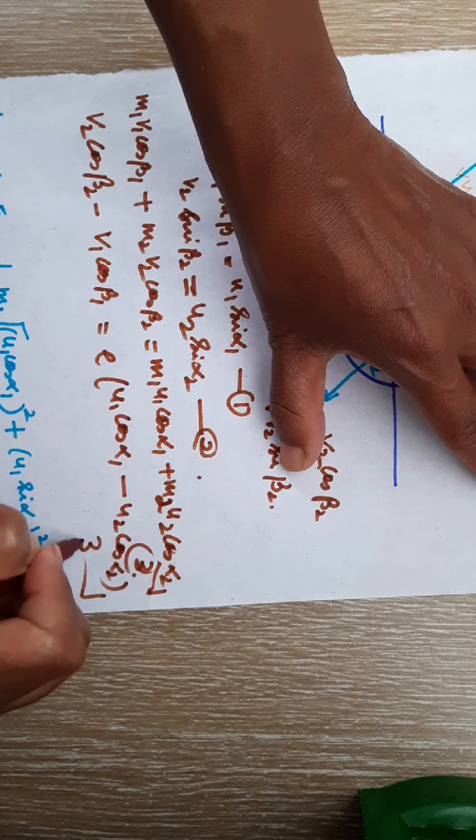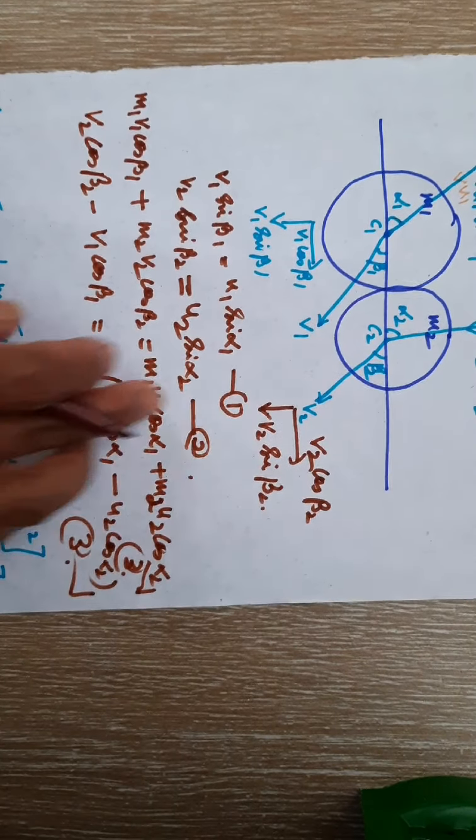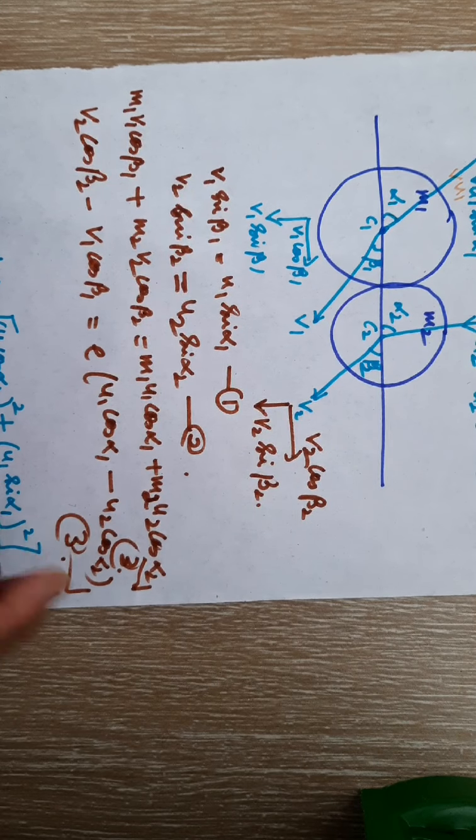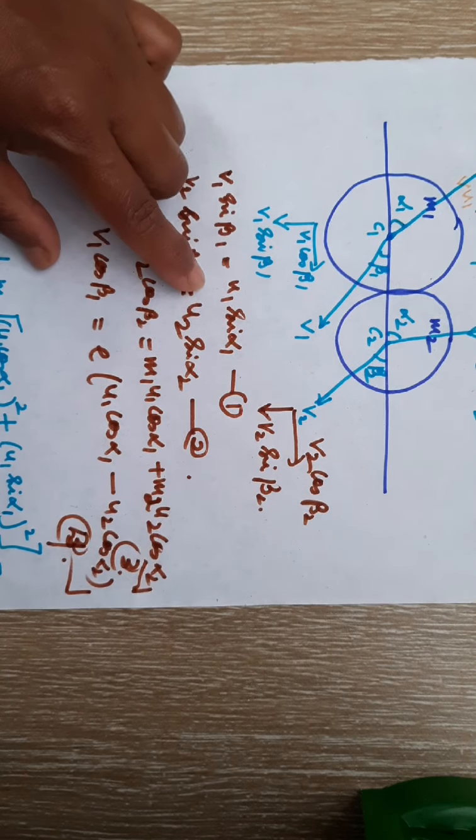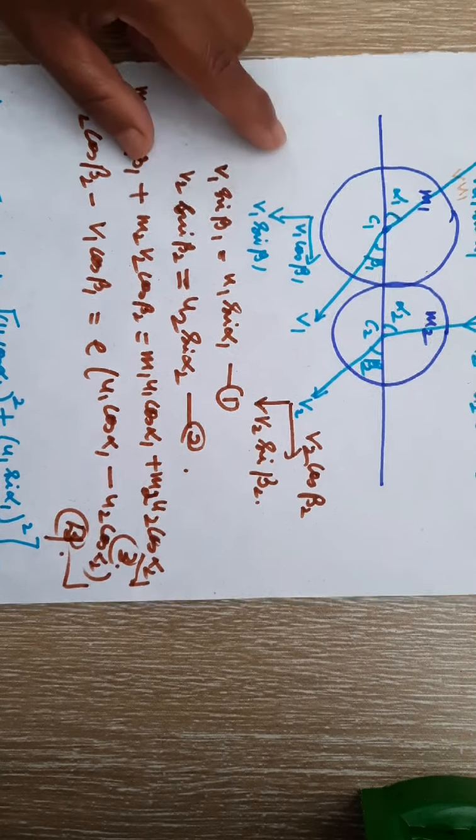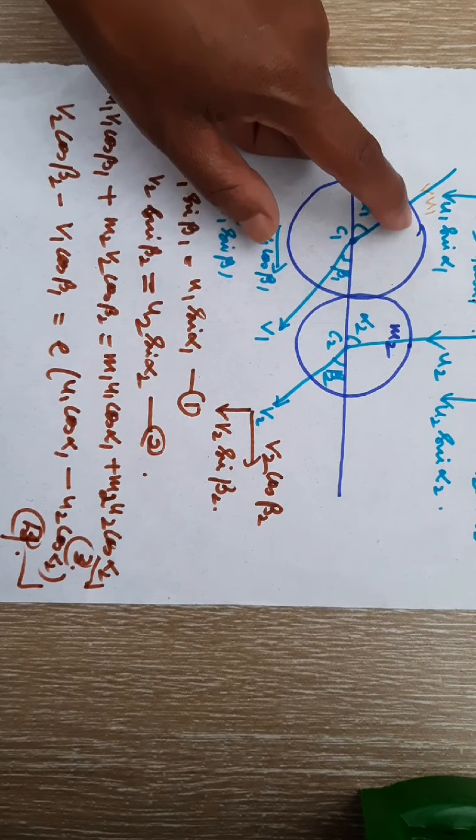Name this as equation 4. So we have to use these four equations in order to find out the loss of kinetic energy due to the collision for the case of oblique impact.